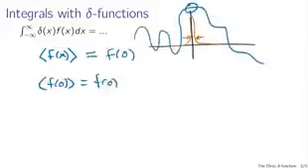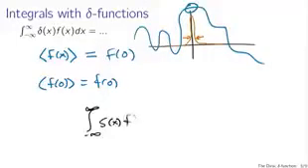So this is the same sort of concept. The infinitely narrow distribution effectively just pulls out the value of f of x at that point. So this is our first really useful formula with delta functions. If we integrate, it doesn't really matter what we integrate over, minus infinity to infinity will work. Delta of x times any function f of x, integrating dx, we just get f of 0. We don't have to do the integral. Delta functions effectively make integrals go away.